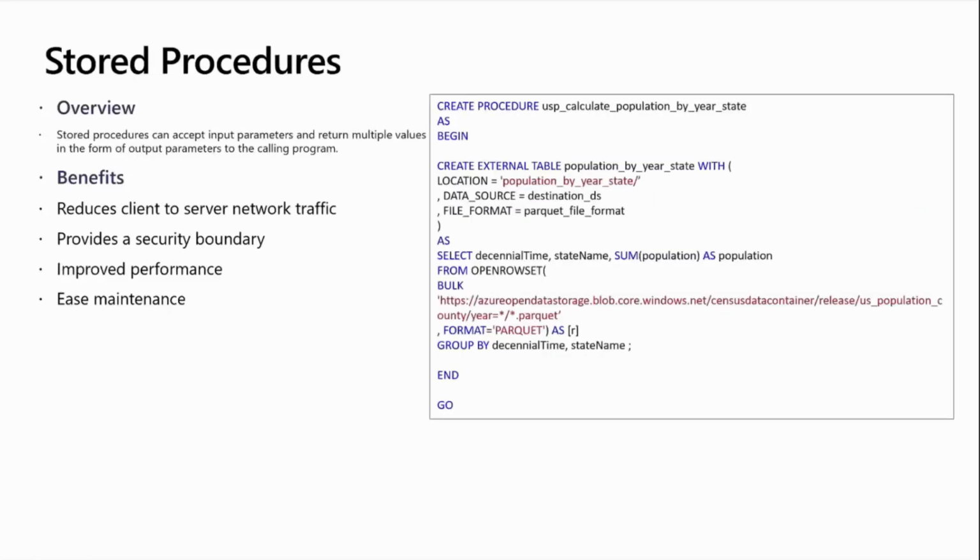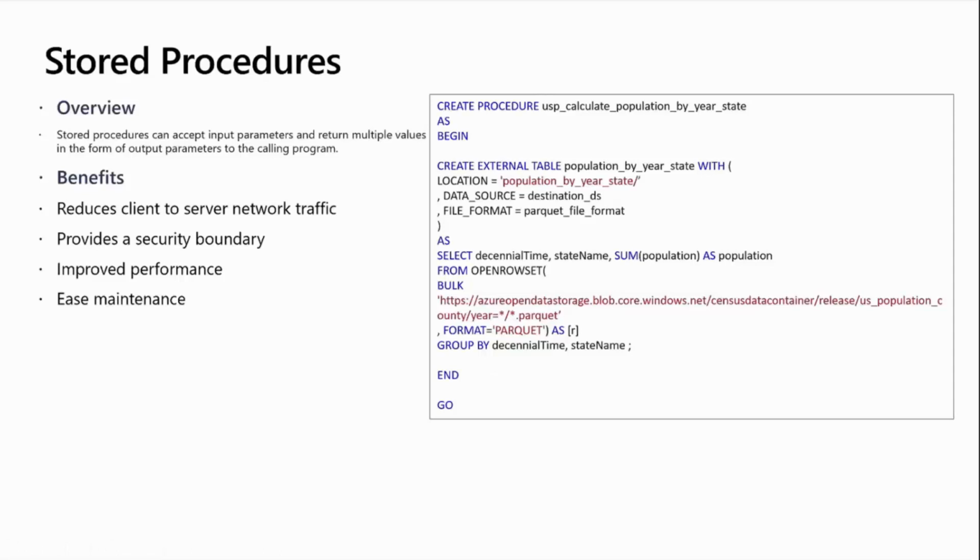Stored procedures is kind of the same concept. What's nice about using stored procedures inside of serverless is I can orchestrate multiple things. So I'm not really showing that here, but one thing I might do is drop the external table, and then create it, then query it, and maybe do some aggregation or transformation. And I can call that from a single stored procedure. So the stored procedure is going to orchestrate those steps for me.